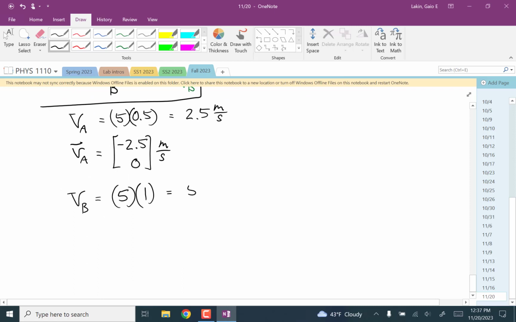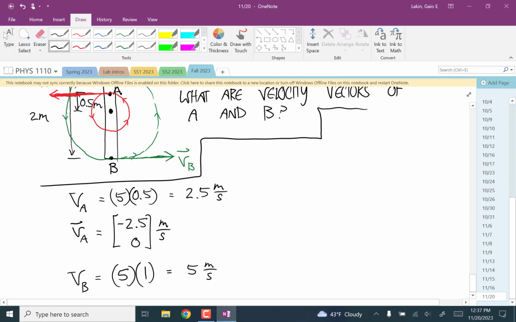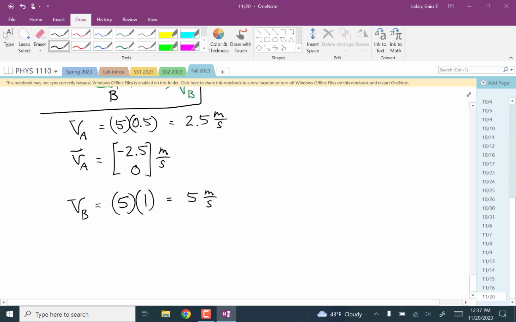And so this is 5 meters per second. You can see that the velocity of that point is in the positive x direction. So the velocity vector of B is positive 5, 0. Any questions about that? Okay.